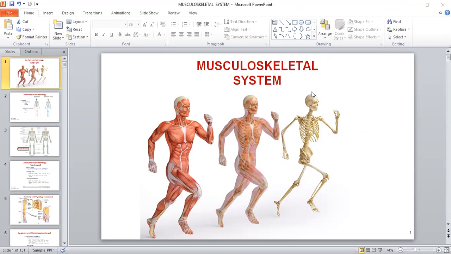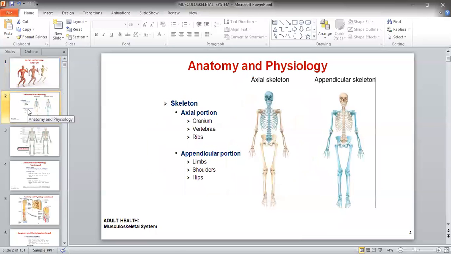So this musculoskeletal system is basically made by skeletal, muscle, cartilage, tendon, ligament, joint, and other connective tissues.